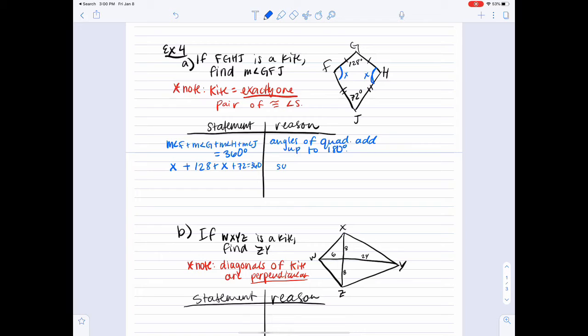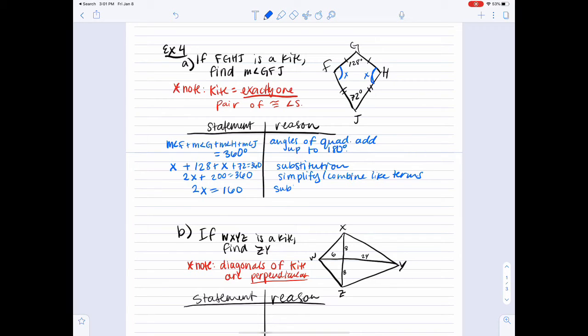And that is substituting in. We get 2X plus 200 equals 360. That is simplify or combine like terms. All right, and then we can get rid of that 200, so it goes 2x equals 160.